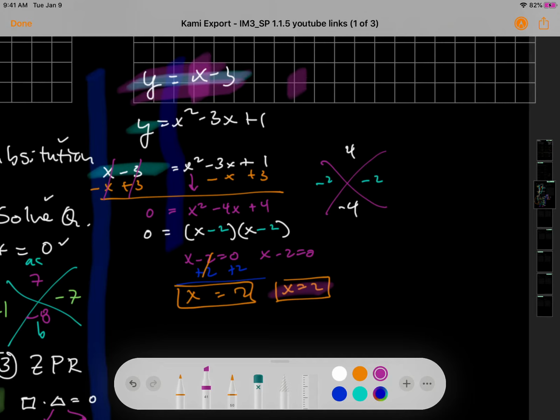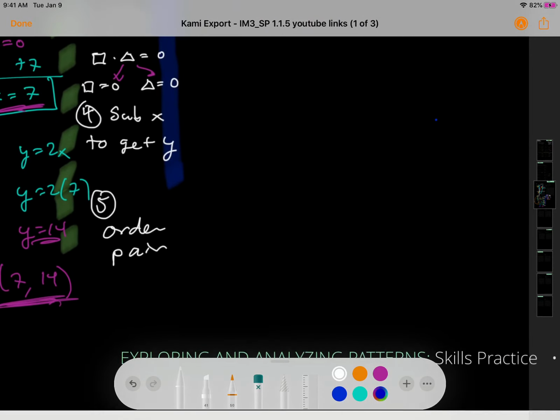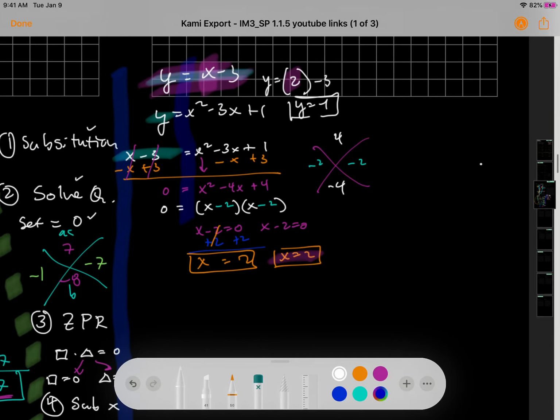Okay, let's do that. So I have y equals the 2 that we saw from below, the x value, minus 3. And this will give us y equals negative 1. So that step we said down here is in number 5. It's an ordered pair. Okay, so let's put those together. The ordered pair is 2, negative 1.